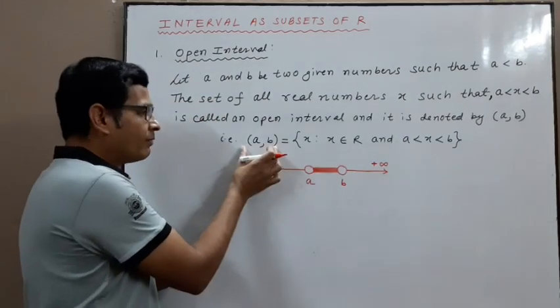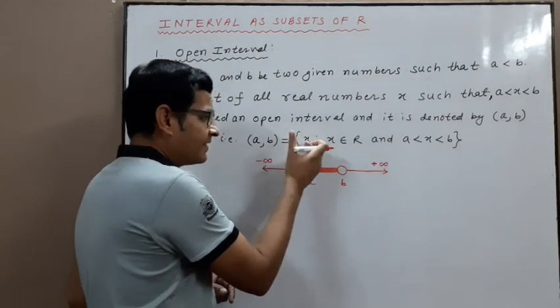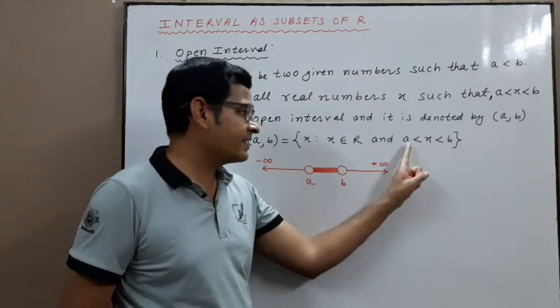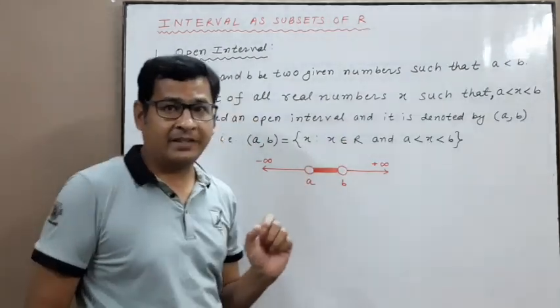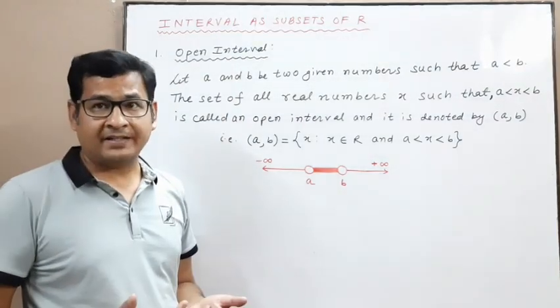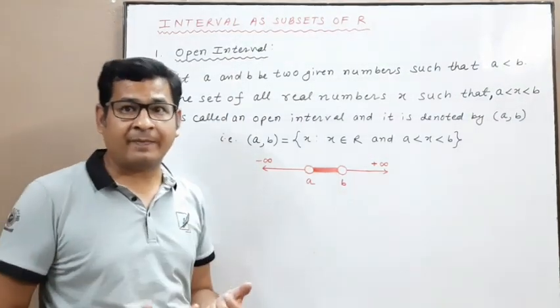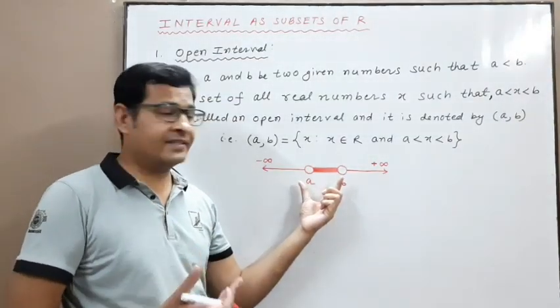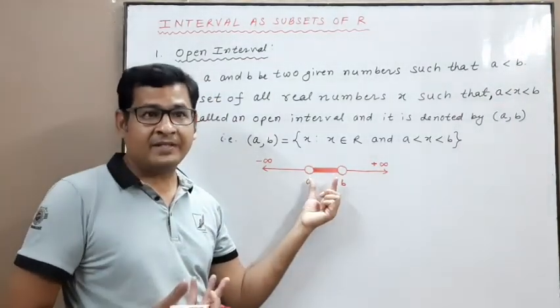That is, (a, b) is a set of elements X such that X belongs to the real numbers and X is greater than A and less than B. On the number line, an open interval is denoted by two hollow circles at A and B and the region between A and B highlighted.